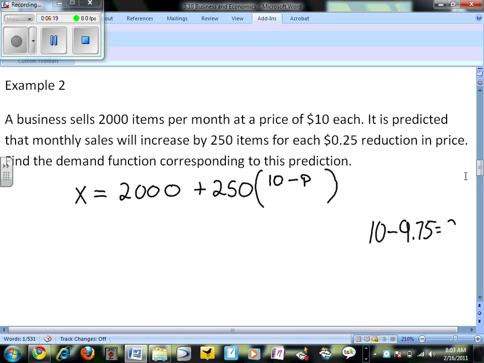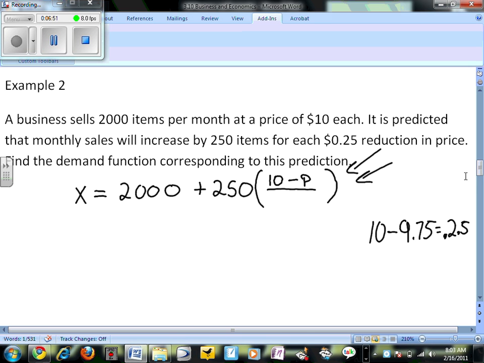If I subtract those two up top, I get a difference of 25 cents, 0.25. Well, every time I reduce it one time, I want to gain 250 items sold, so I want the equation inside here to equal 1. So that's one time. We want that inside equation to equal 1.